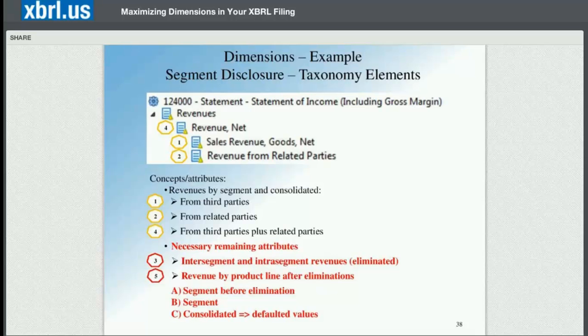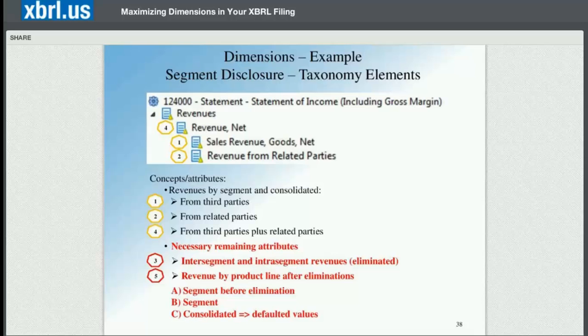And I know revenue from related parties has to be revenue that is not eliminated on consolidation. In other words, it's revenue from a related party but not a consolidated related party. So therefore, I know that revenue from related parties is my tag for the revenue from related parties that I show on my income statement. Sales revenue goods net is my third party revenue, and revenue net is the total.